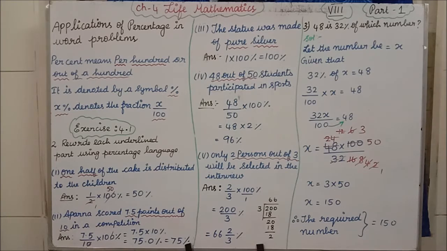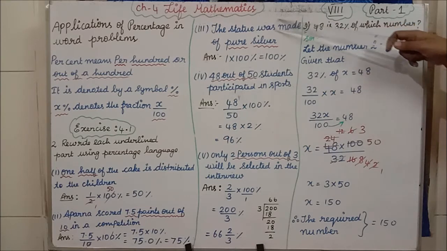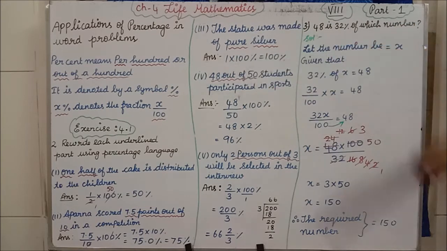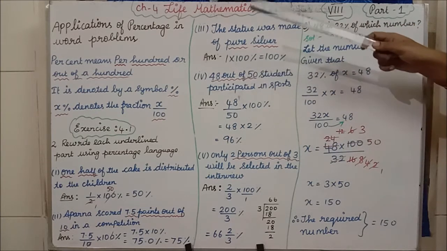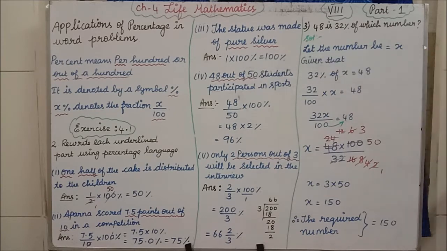Pure means immediately we think about 100, that is 100 percentage. Since they have not given any quantity, we take it as 1. So 1 into 100 percentage, the answer is 100 percentage.